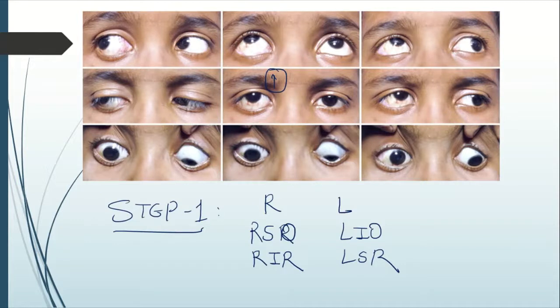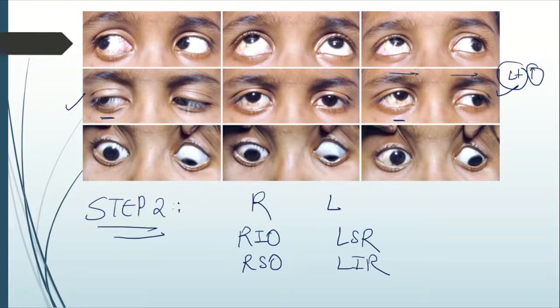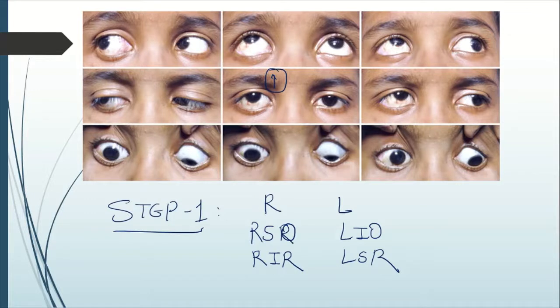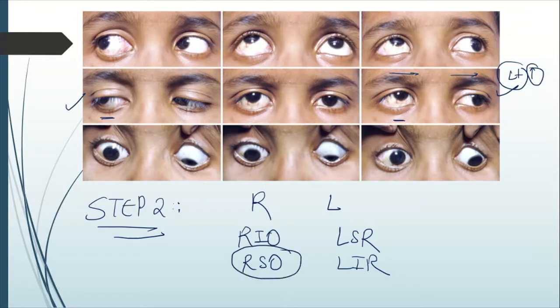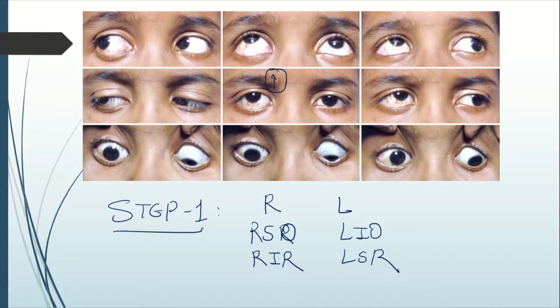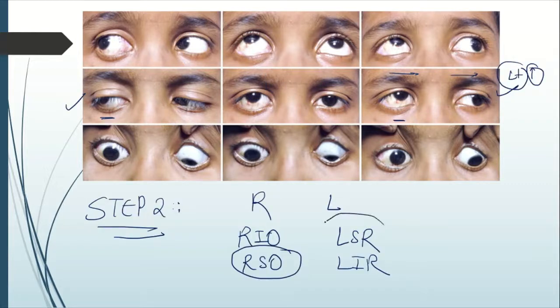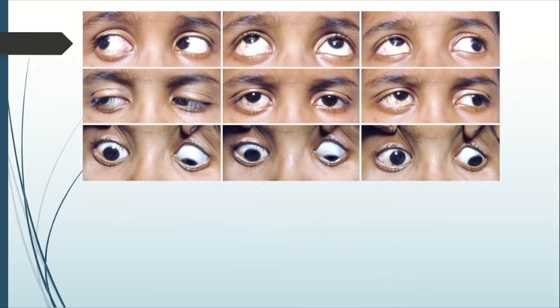Is RIO common? No, RIO is not common to step 1 and step 2. RSO is common? Yes. LSR is common? Yes. So the two possibilities with step 2 are either a right superior oblique or a left superior rectus. Okay, now let's go to the third step.